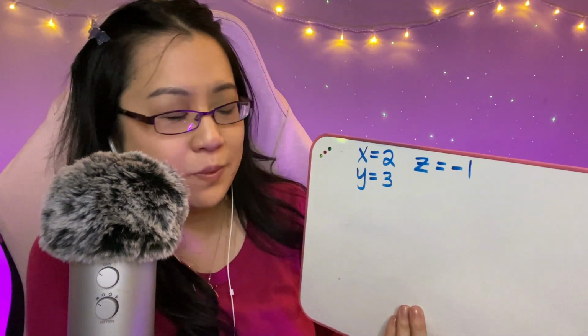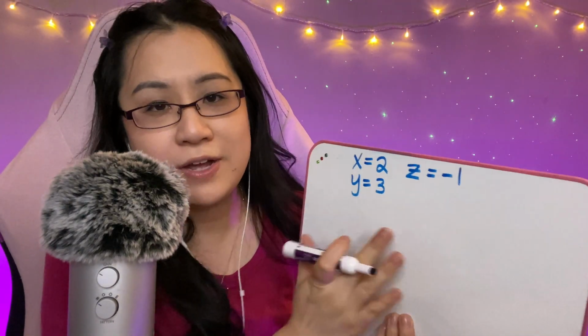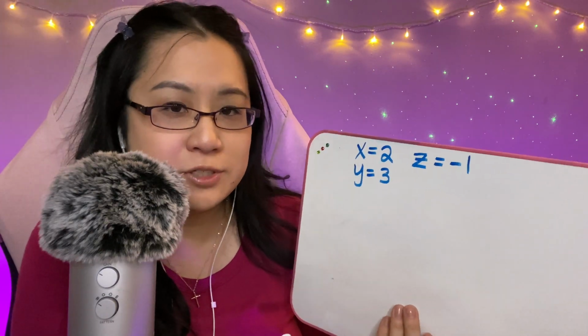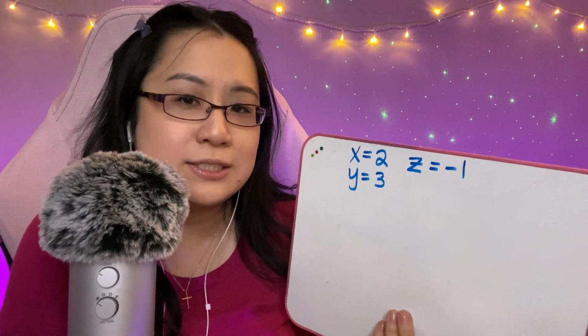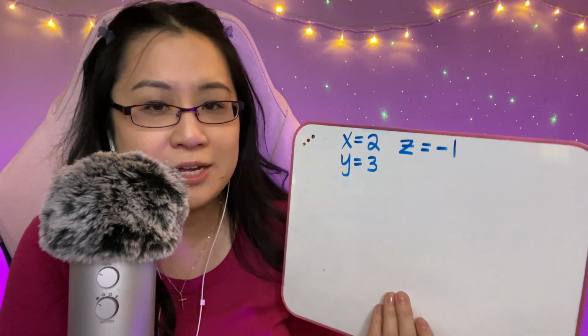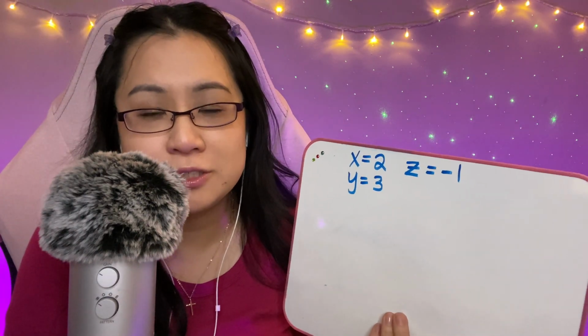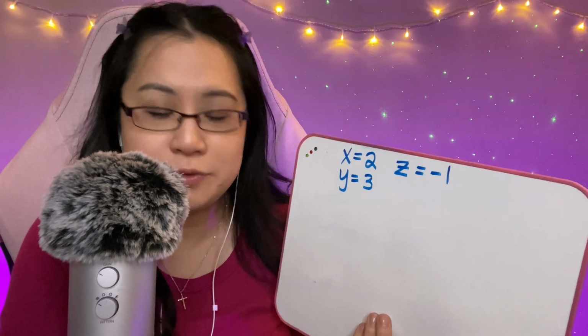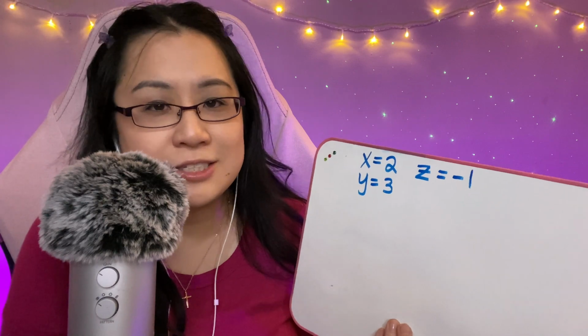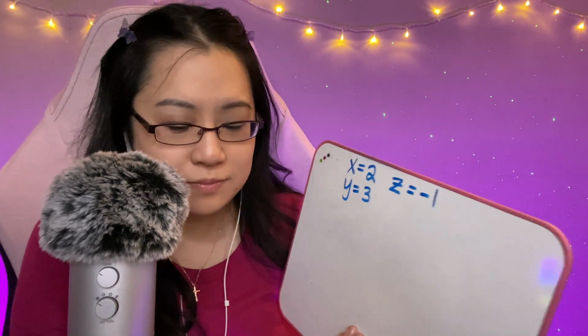Okay, so I have these 3 values and 3 variables, and the point of this exercise for today is to practice reading out algebraic expressions and getting used to the symbols and what to do. So we're just going to take this step by step, and let's look at the first one.